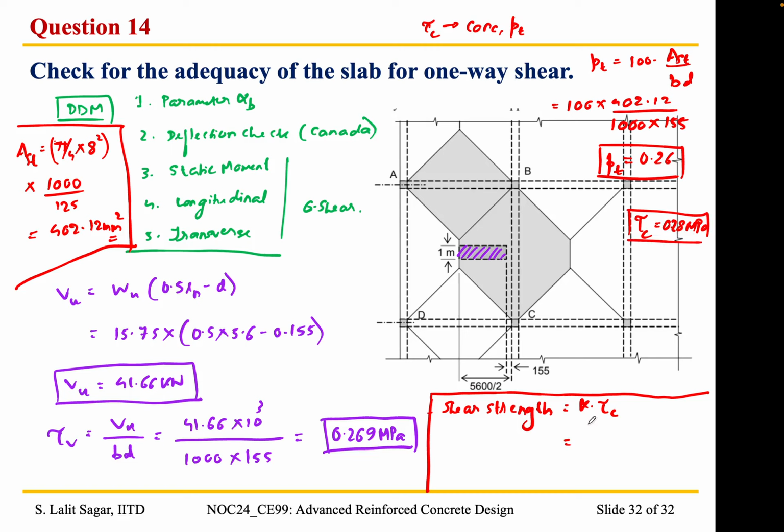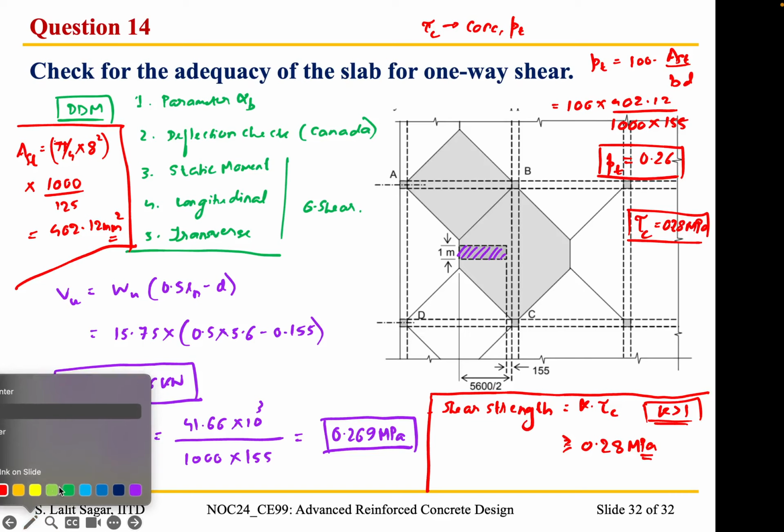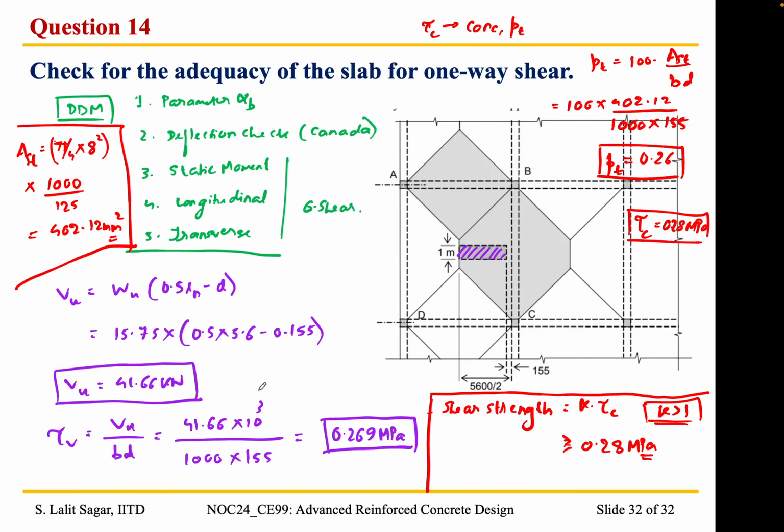So the value of K for slabs is always greater than 1. Okay, so the shear strength is greater than or equal to the design shear, hence the slab is safe in shear.